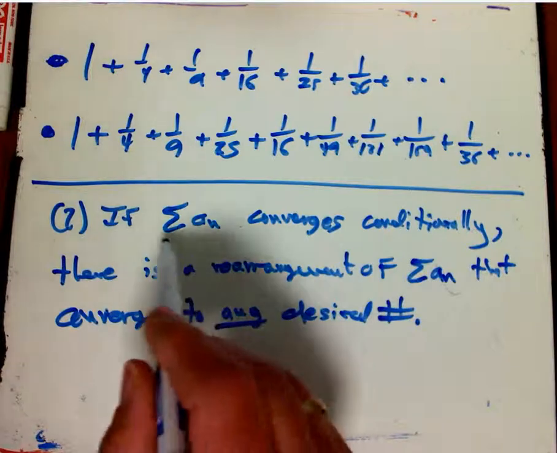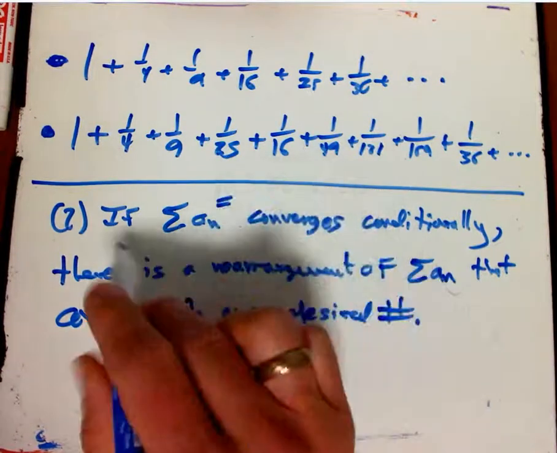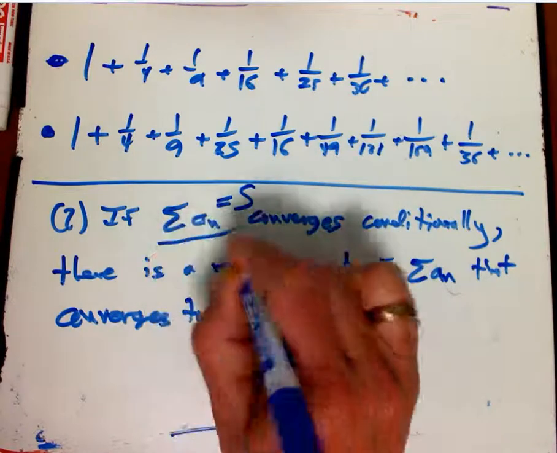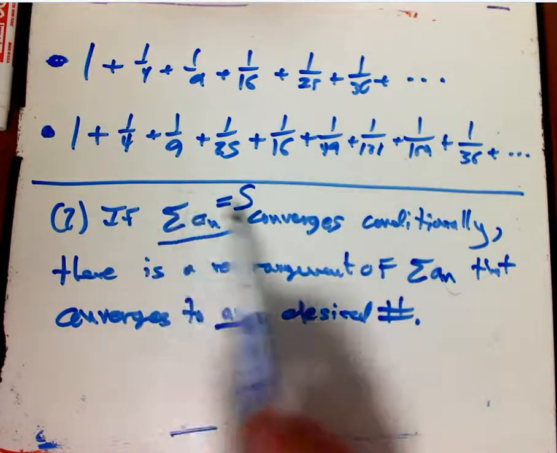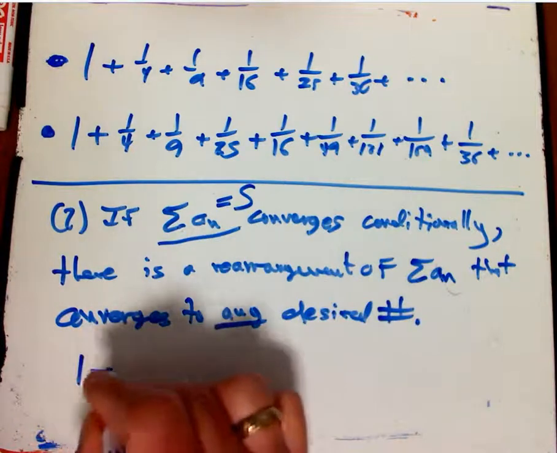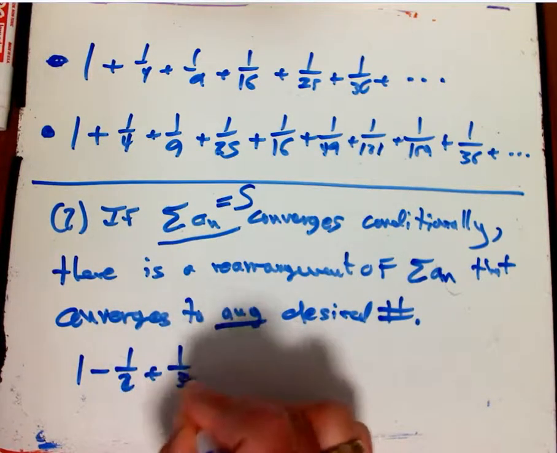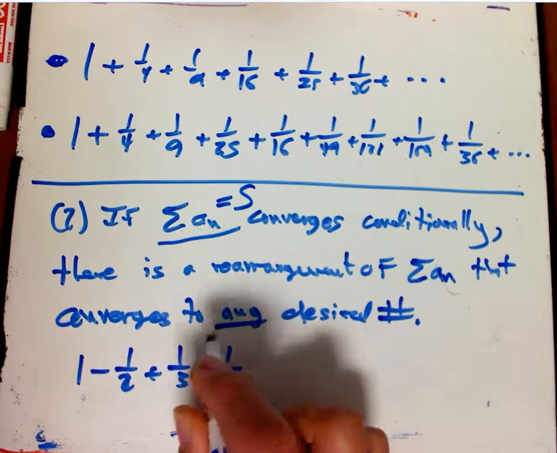So if you've got this, and let's say as written, I proved it's convergent, and maybe I even know the actual answer, and that's S. And I say, okay, it's set in stone, when I add these things up, it's S. Let's look at an example. Let's look at the alternating harmonic series, to make things simple.